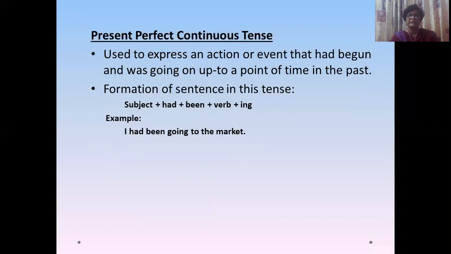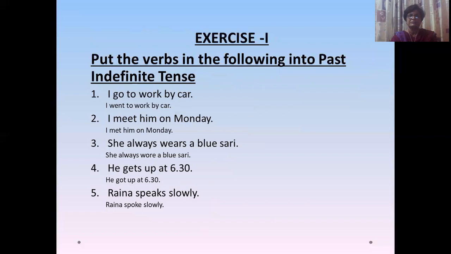The formation of the sentence in this tense will be subject plus had plus been plus verb plus ing. Wherever there is a continuous tense, we'll add ing to the verb. The example of this tense is I had been going to the market. So these are the four forms of past tense. I hope you have understood the four types of past tense.